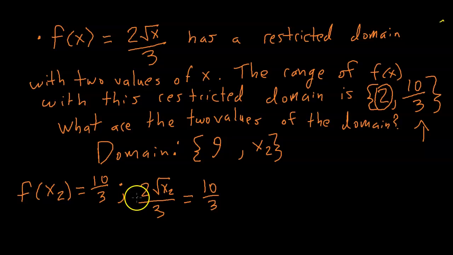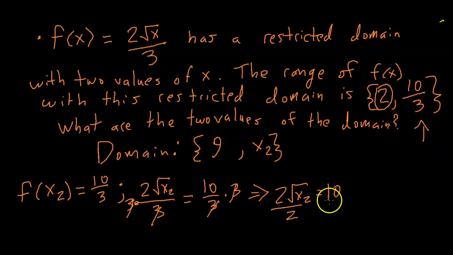All right, let's solve this. We're going to multiply by 3 on both sides, okay? And in fact, on both sides, that multiple of 3 just cancels out the factor of 3 in the denominator on both sides, right? That means that 2 times the square root of x sub 2 is equal to 10.